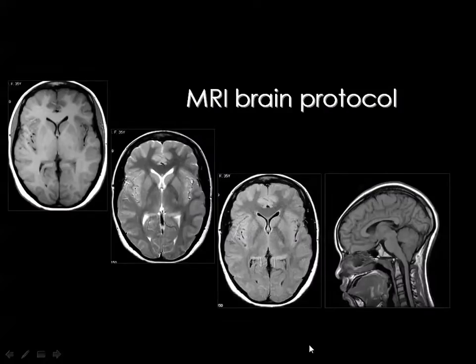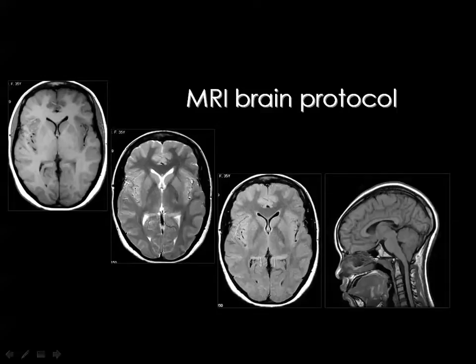The MRI protocol should include sagittal T1, axial T1, axial T2, and axial FLAIR, or the fluid attenuation pulse sequence. Then there are no coronal images in the regular protocol of the brain, but coronal images have specific values.